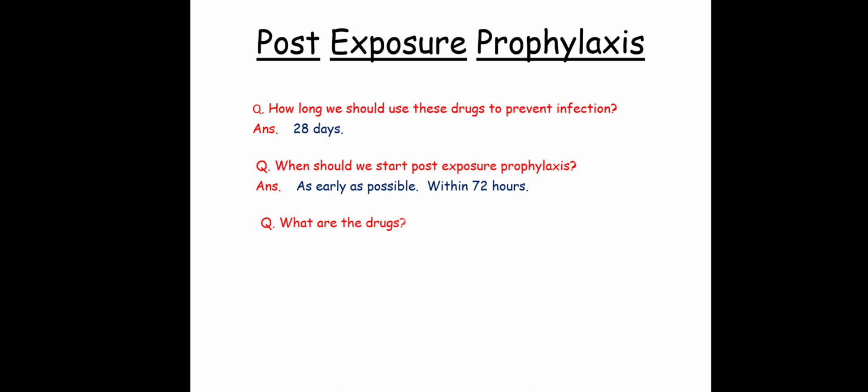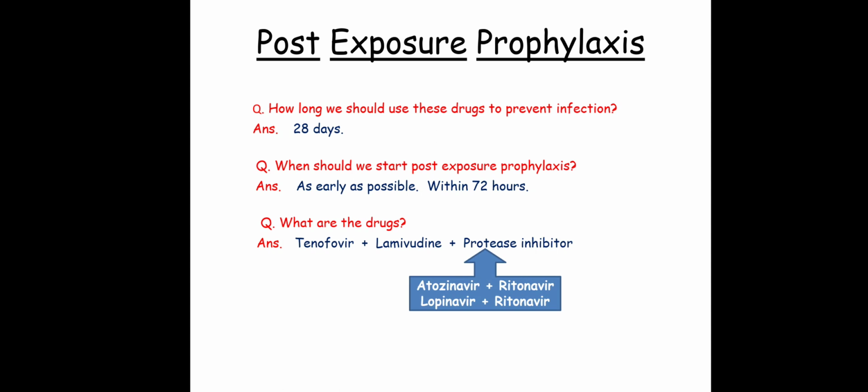And the last question is, what drugs do we need to use? Previously, post-exposure prophylaxis was dependent on how much risk of transmission there was. But now we have very safe drugs. So for all the cases, whether the risk is lesser or higher, we now always recommend 3 drugs. They are tenofovir plus lamivudine plus one protease inhibitor, that too a boosted protease inhibitor.